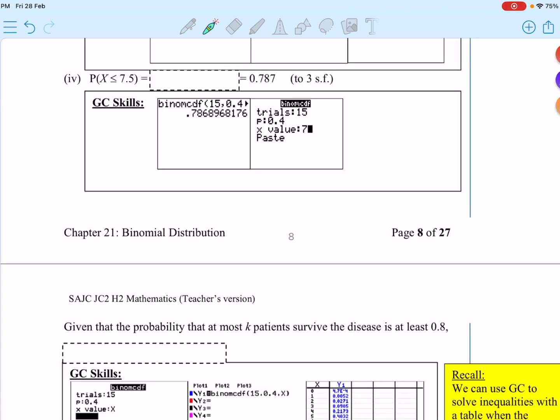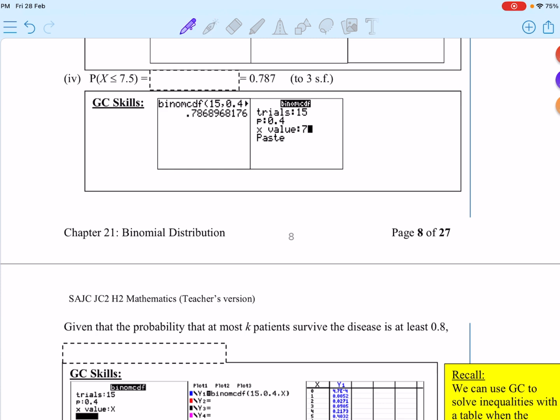For part 4, we are looking at most half of them survive. Correct, so we have 15 patients, so half of them will be 7.5, 15 over 2. So at most half means less than or equal to 7.5.